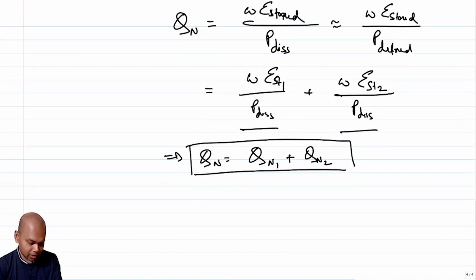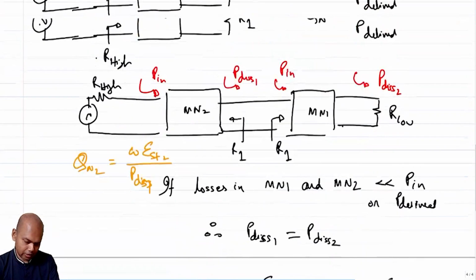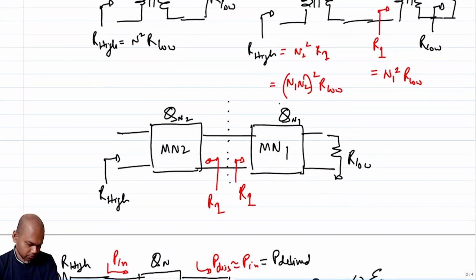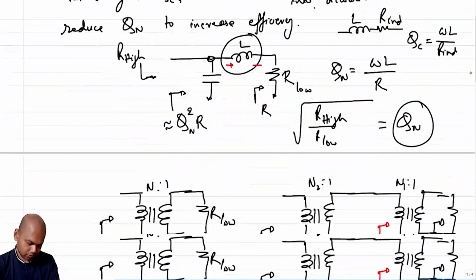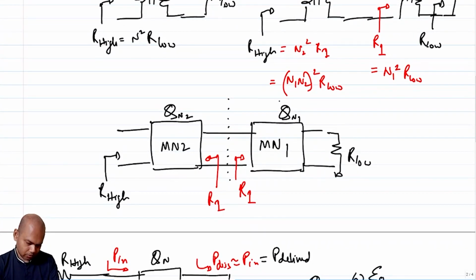Why did we do all this? Ultimately we are after the turns ratio, right? What is n squared? n squared becomes Qn1 squared times Qn2 squared, right? Let's just check whether that is correct. Why did I say n squared should be equal to Qn1 squared times Qn2 squared?